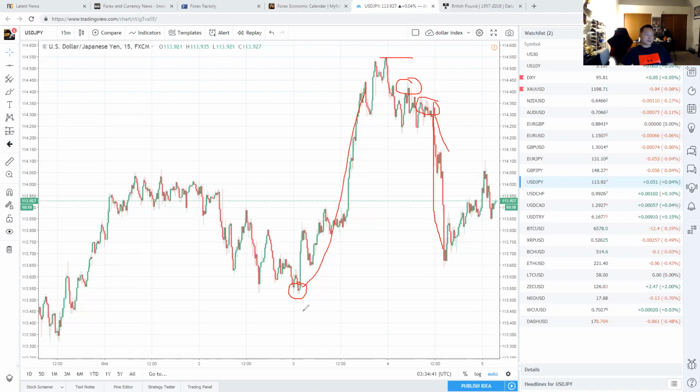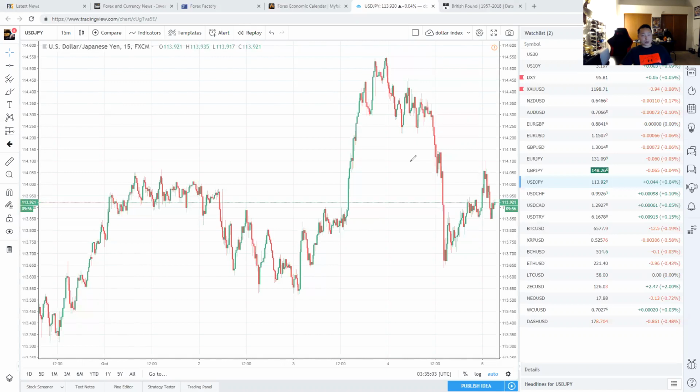Look at how USD/JPY did yesterday. Went all the way down here, 113.5, and then shot all the way up to 114.5. So that's 100 pips, right? This is why USD/JPY is a really great pair to scalp, and it's a really great pair to swing.